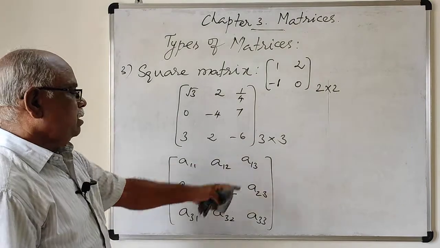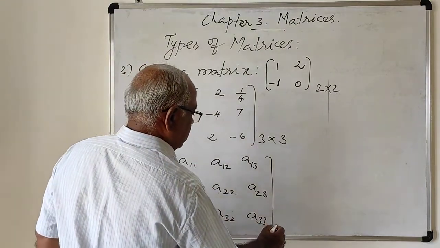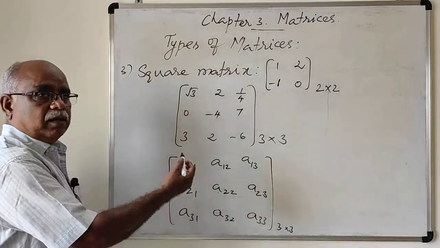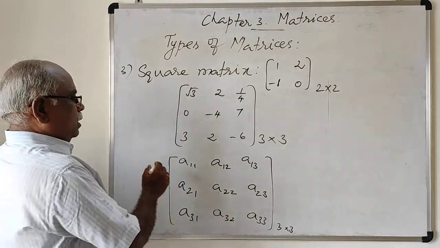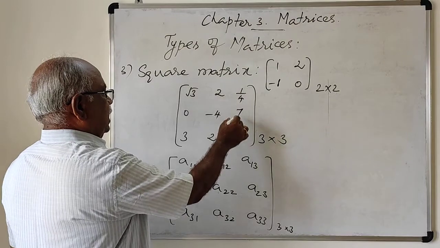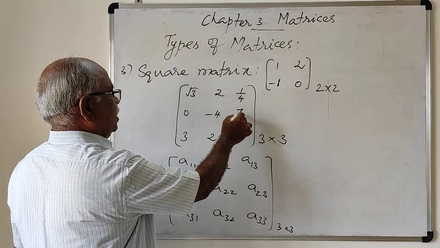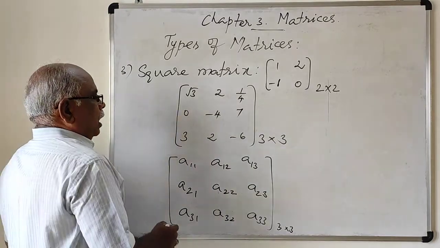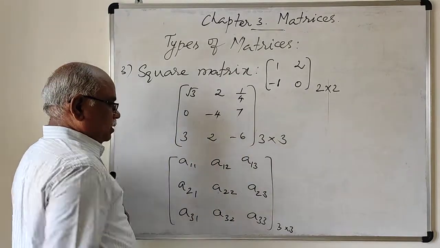It is also a square matrix of order 3, or 3 by 3. We can simply say 3 or 3 by 3. See, 7 is the element in the second row, third column, A23. Like that, the elements are expressed there.